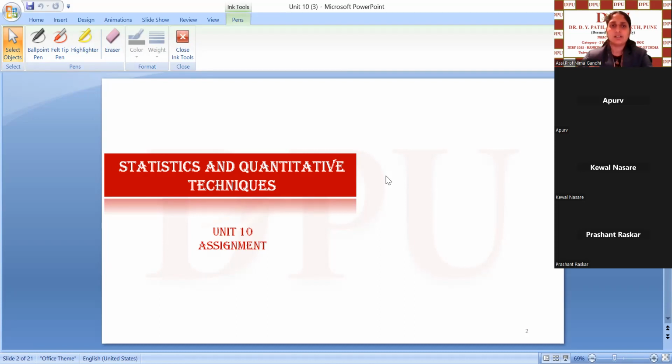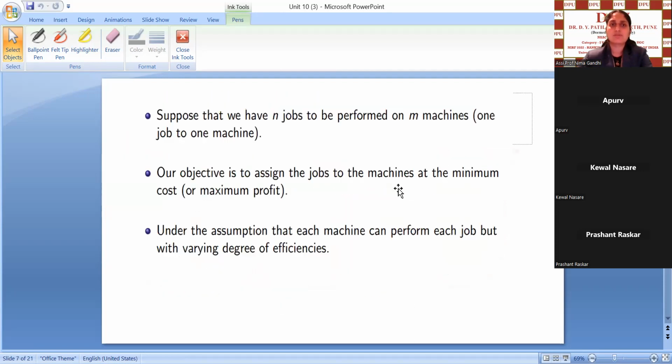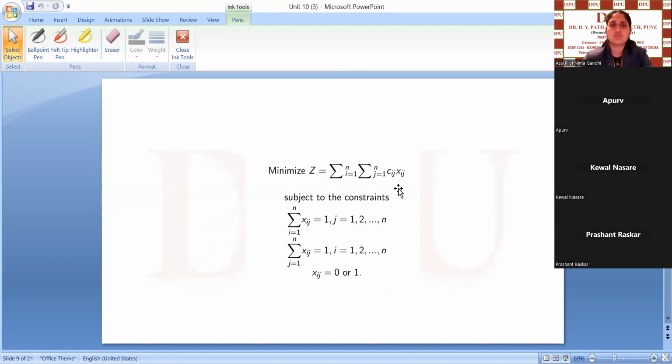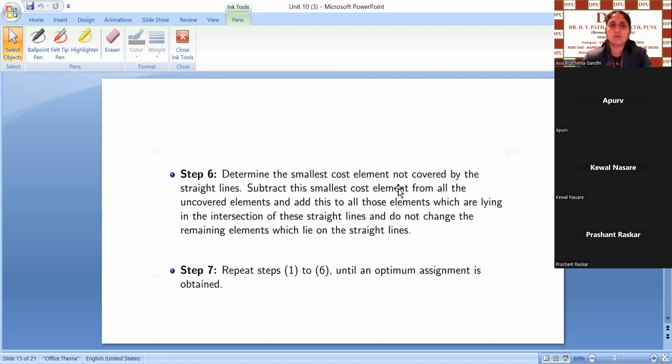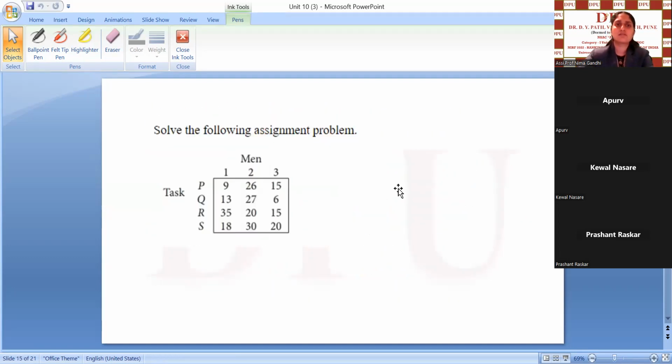If you see the problem of the assignment, it looks like this. Okay, so let me show you. So the tasks P, Q, R, S are given and you have to assign the tasks to the men 1, 2, 3. Generally, before starting, we need an equal number of rows and columns.